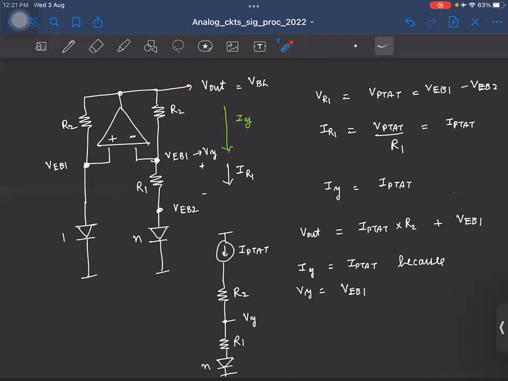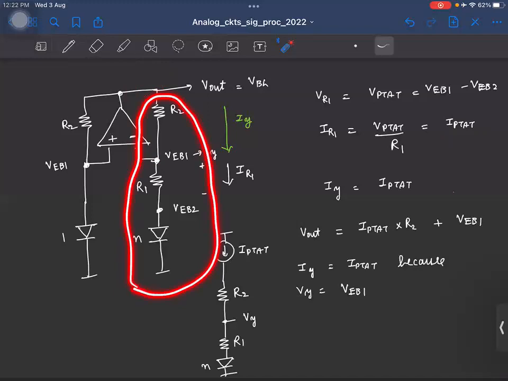Let us say I can generate this PTAT current somehow, this current, okay, and make it flow through this branch, right? If you think about it, all the circuit is doing is this op amp is providing this PTAT current, right? Now let us say I somehow generate this PTAT current and make it flow through this branch.